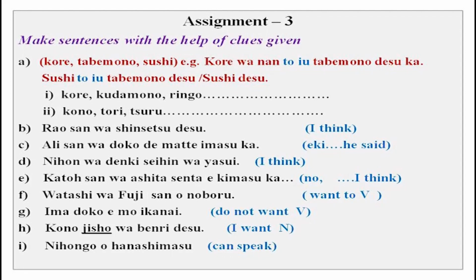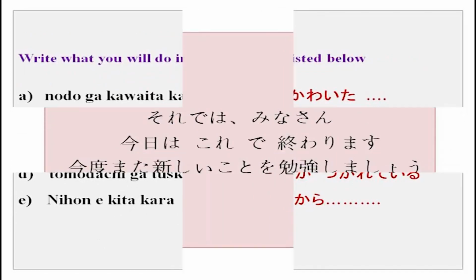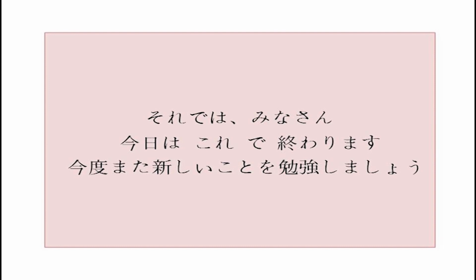For example, you have kore, tabemono, sushi, toyu is what you are supposed to use, kore wa nan toyu tabemono desu ka? This is the example, you can use these two over here. All these words in English are given, you can try to use these and write sentences.